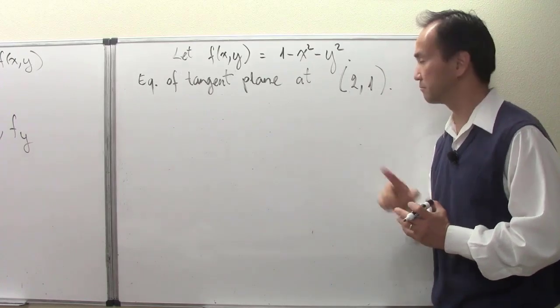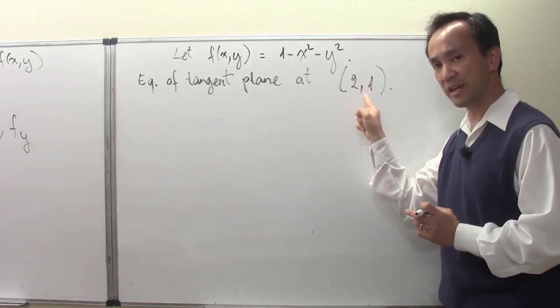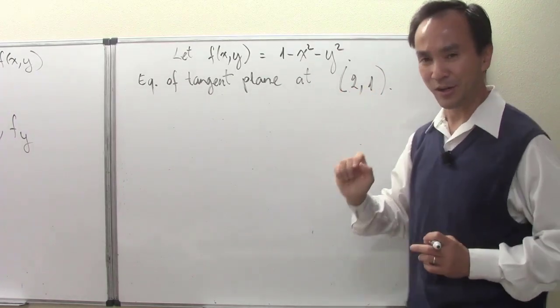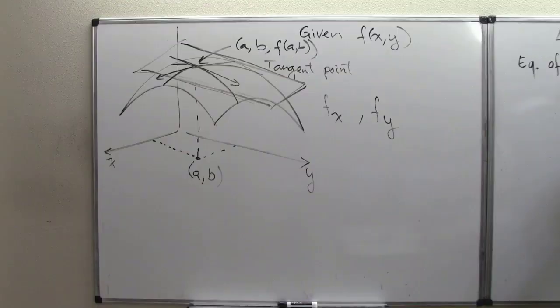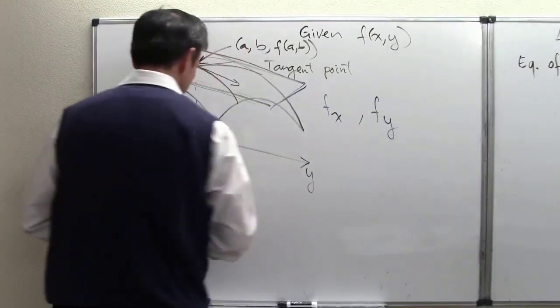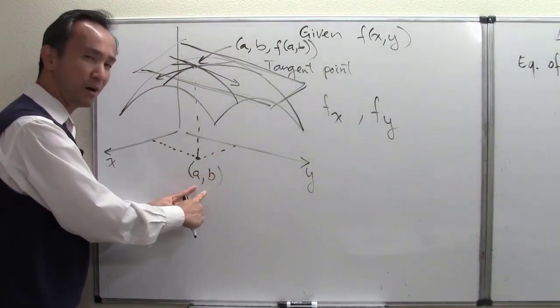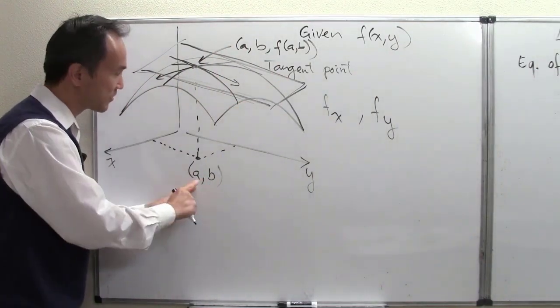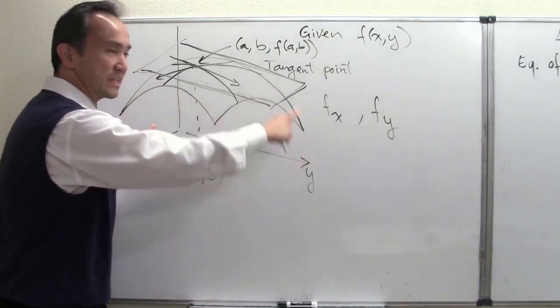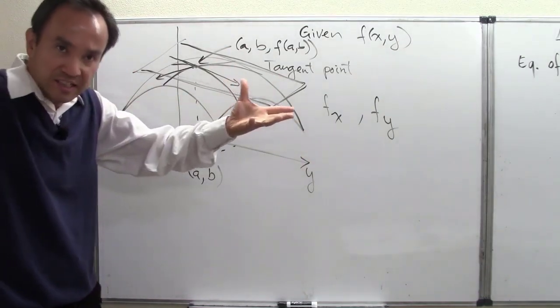This point right here is the point sitting right on the floor. So let me one more time swing back to this side of the board. See, 2, 1 is this point on the floor, and that's given in the specific problem. You can think of this surface as the surface of that graph, even though it may not be the exact accurate version.